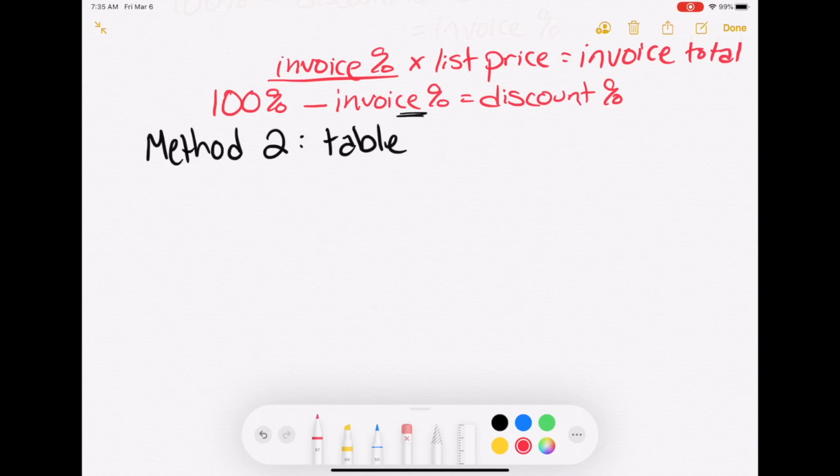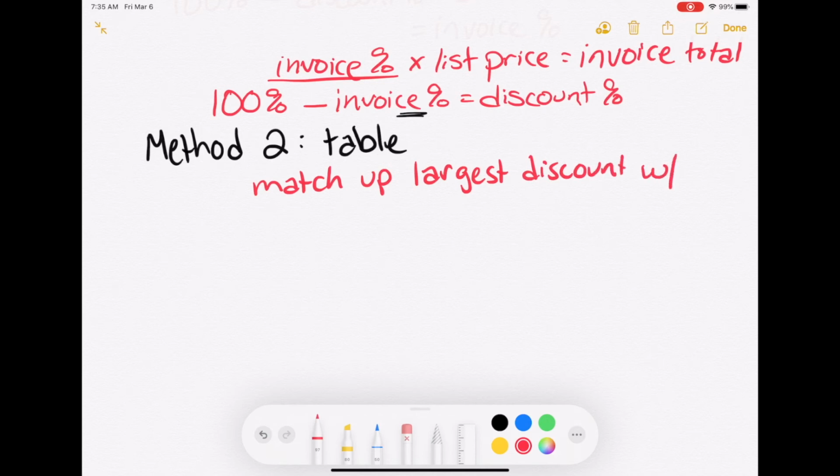So again, to use the table, you have to match up the largest discount with the other two. And then after that, you find where it meets.